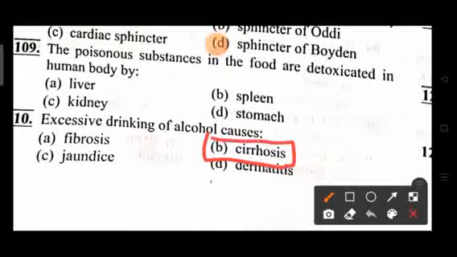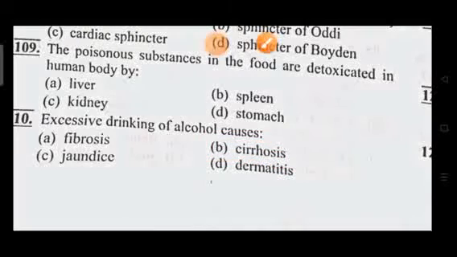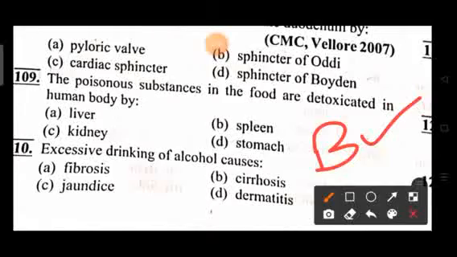So liver cirrhosis or liver breakdown is generally caused by alcohol, which may lead to obstruction and finally to jaundice. So, answer.